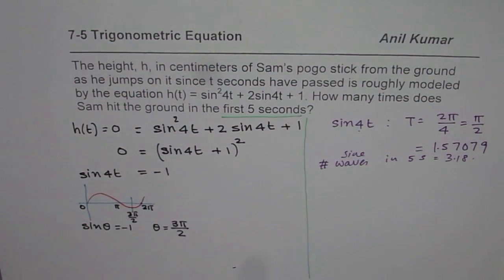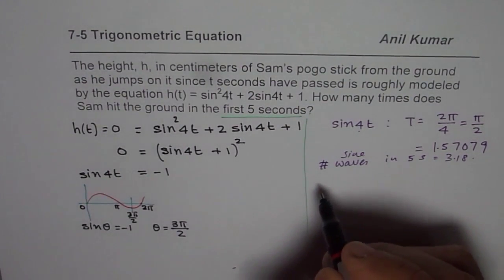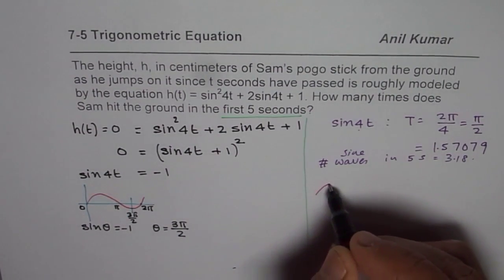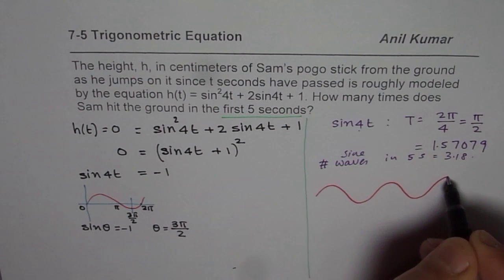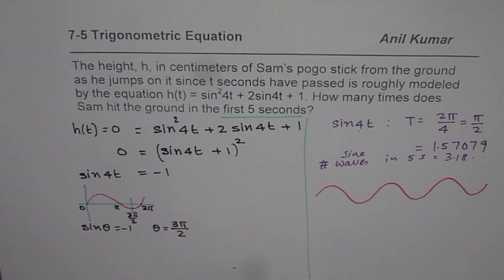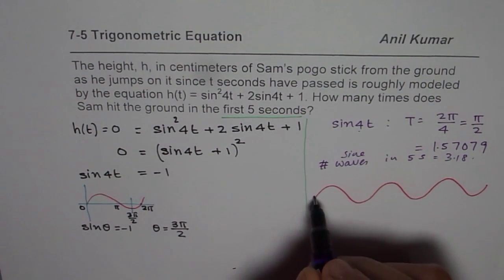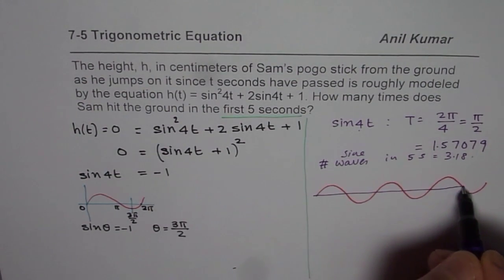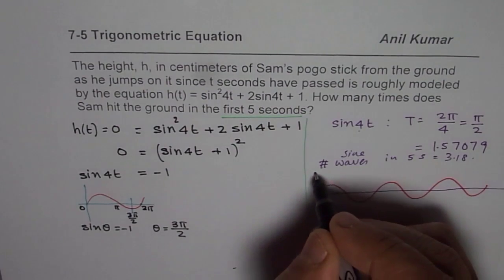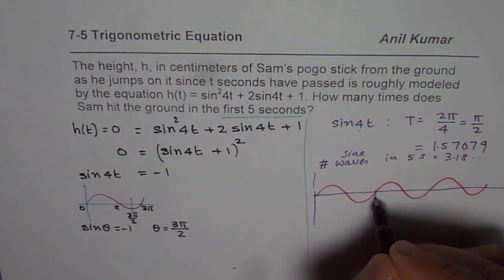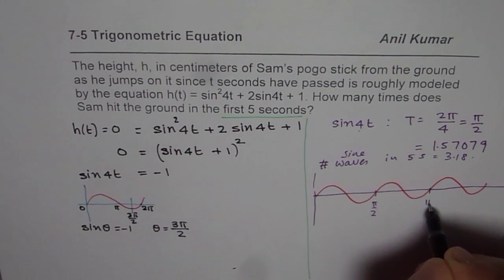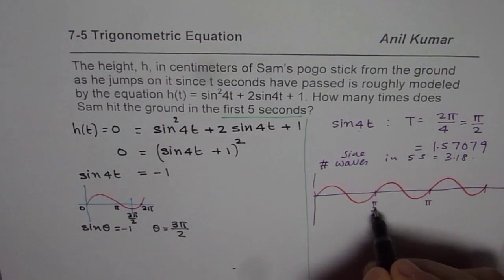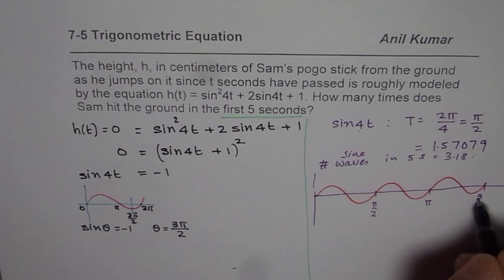I hope that point is very clear to you. So let me redraw my sine wave now and then we'll further write down the answer. So we have 1 wave, 2 waves, 3 waves, kind of more than that, in 5 seconds approximately. Each time period is pi by 2 for us, so this is 1 pi by 2, 2 pi by 2, 3 pi by 2.